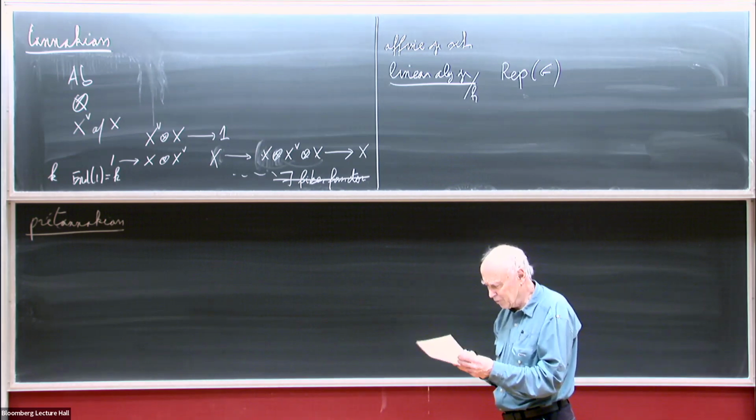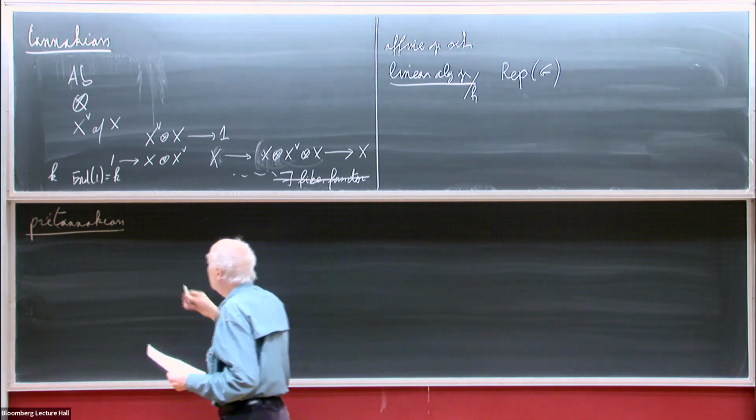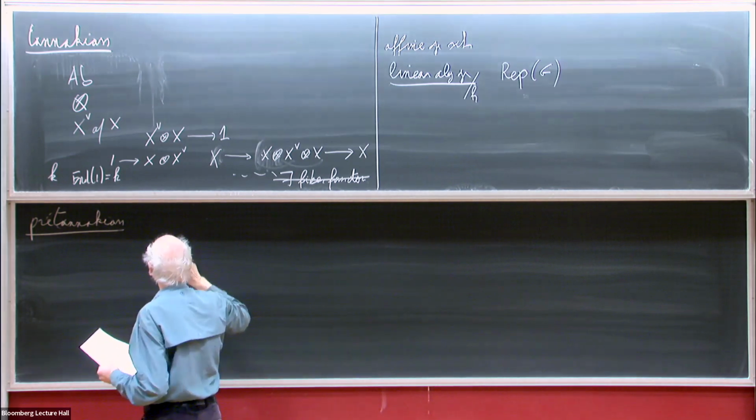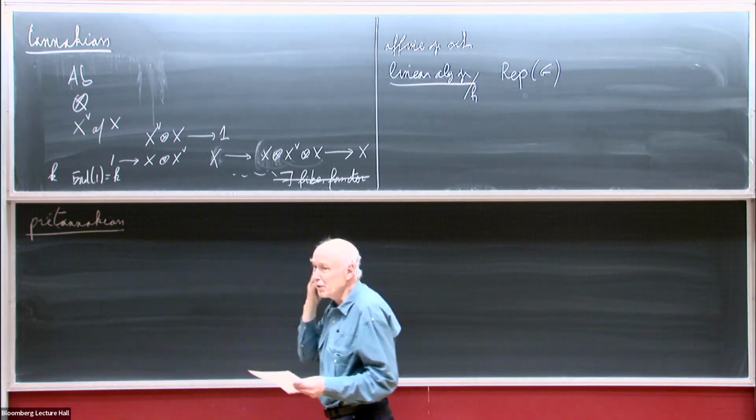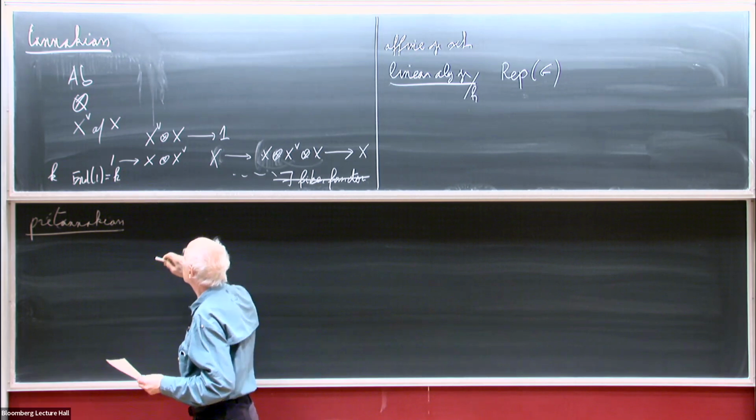So that's one, and one thing which will be useful later. If you have a Pretannakian category, you can define the dimension of any object as being an element of the field.